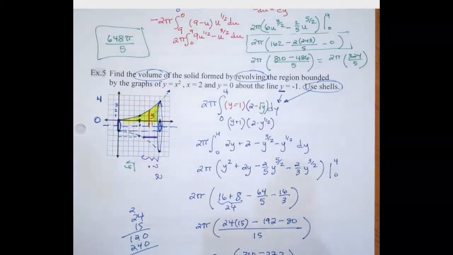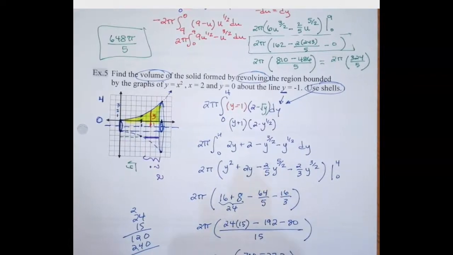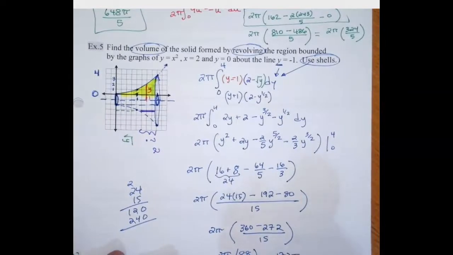Okay, so that's going to be 28 to get to a 300, 28, and then 28, so 88. So that's going to be 172 pi over 15.